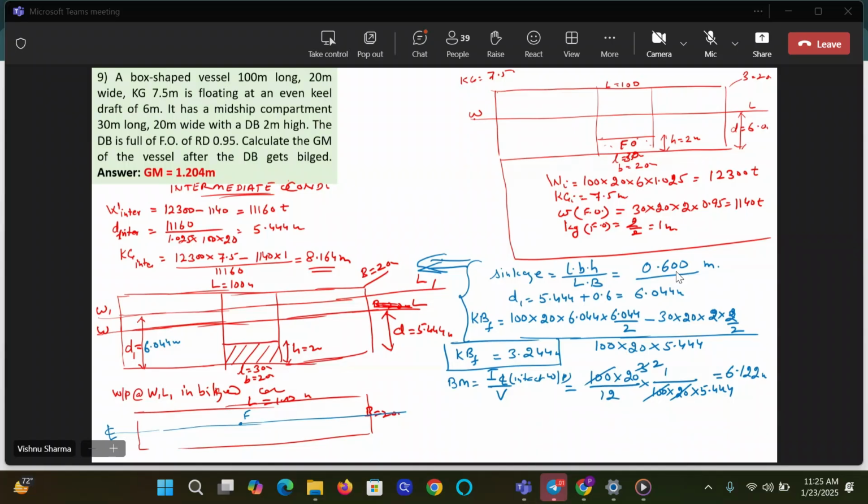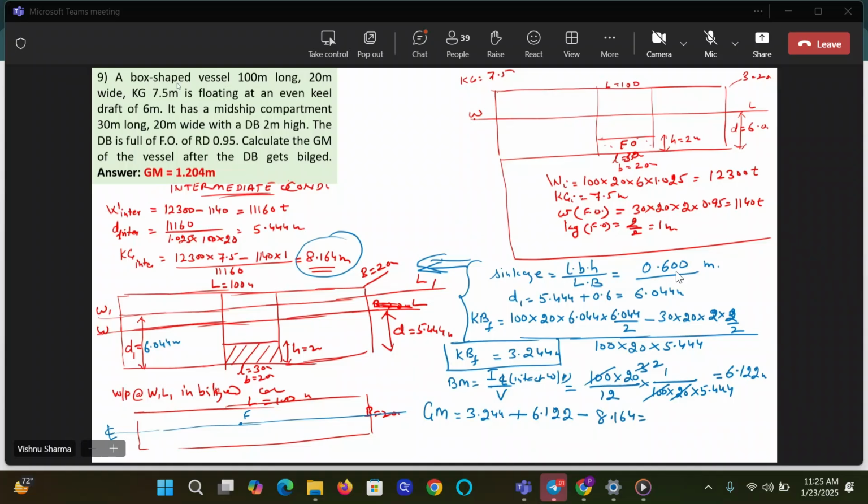Once you have KB and BM, you are good, but please remember, KG in the intermediate condition is 8.164. It is no more 7.5. So the GM after bilging will be KB, which you calculated as 3.244, plus BM 6.122, minus KG 8.164.